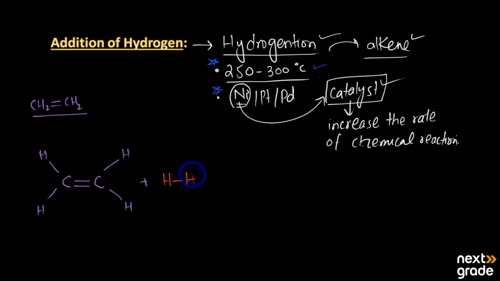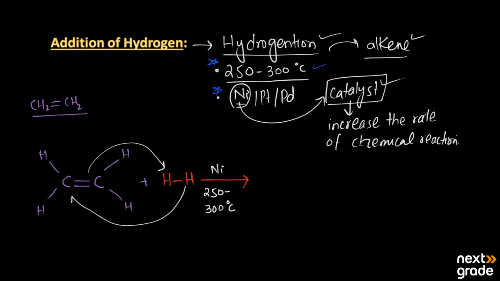The hydrogen is added under suitable conditions, nickel catalyst and a temperature from 250 to 300 degrees Celsius, and the reaction takes place: one hydrogen is added to one carbon, and the second hydrogen is taken by the second carbon, and the double bond is removed.